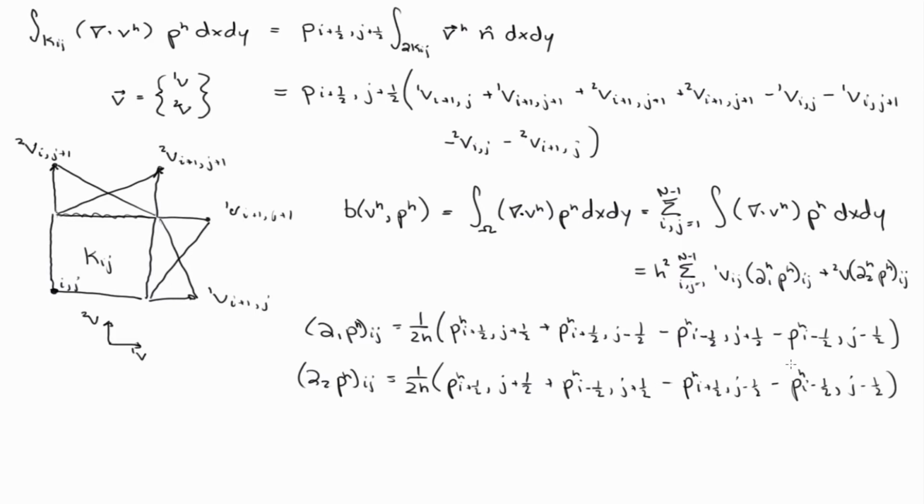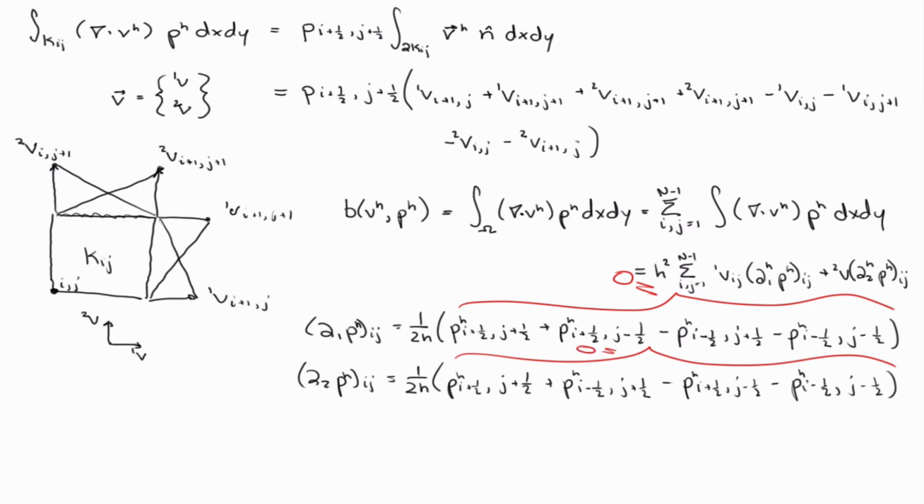And what we were seeking in the beginning is to see if we could find a P such that this equals 0 for any v. So if these two coefficients are 0, then that would be true, right? This would equal 0 for any v, because this is the first component of v, second component of v. So if we set these two equations to 0, then we get two equations.